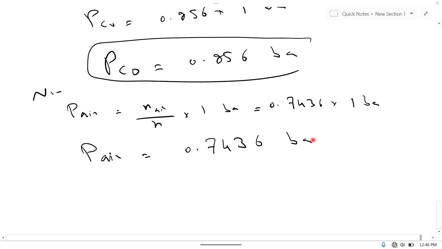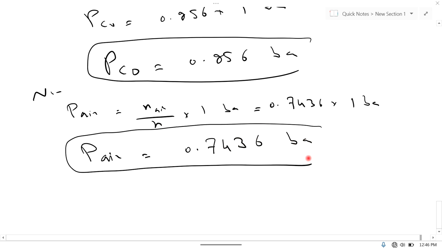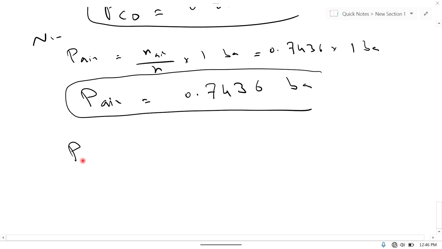0.7436 bar. But basically air contains 79% nitrogen. So partial pressure of nitrogen is equal to 79%, means 0.79 multiplied by 0.7436 bar.